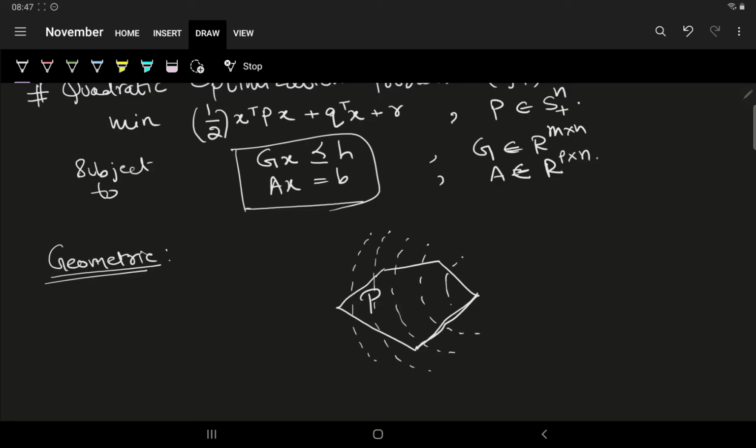However, the dashed line represented by the objective function, the level curves of the objective function, will be quadratic. We saw a similar diagram for the linear program.